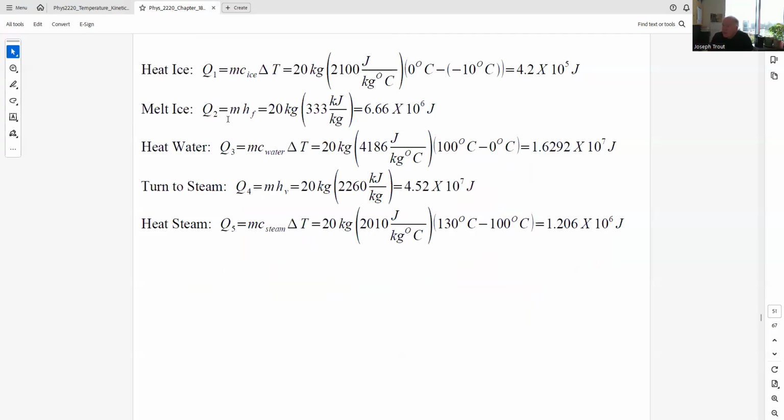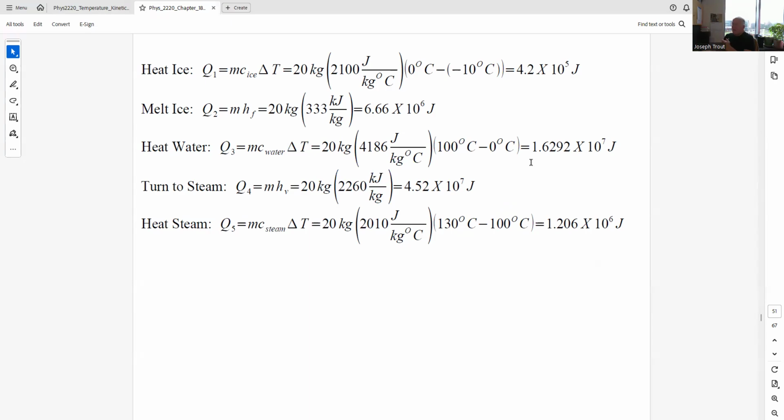So the first thing we do is heat the ice. That's the mass of the ice, the specific heat of ice times the change in temperature. Then we melt the ice. That's the mass of the ice times the latent heat of fusion. Don't forget, this is in kilojoules, right? So you have to multiply it by 1,000. Then we heat the water. We get the mass of the water, the specific heat of water times the change in temperature. And this time the change in temperature is 100 degrees minus 0 degrees.